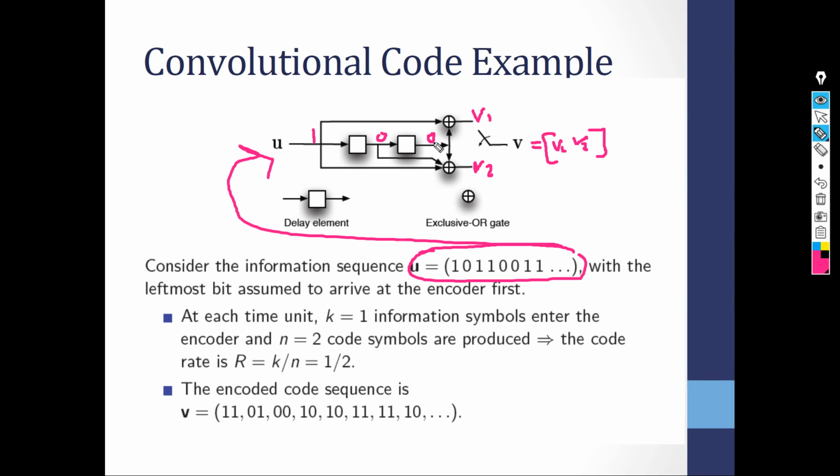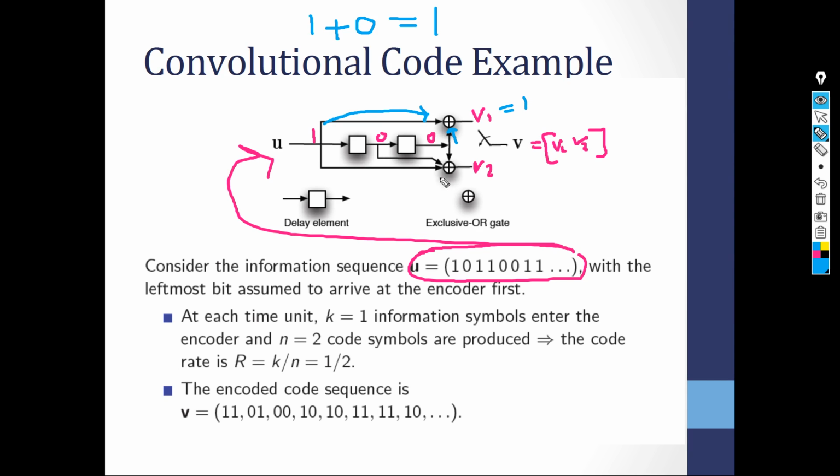V1 is equal to the bit from this branch and the bit from this branch, you take them and XOR them, exclusive OR gate. 1 XOR 0 is equal to 1. So V1 is equal to 1.